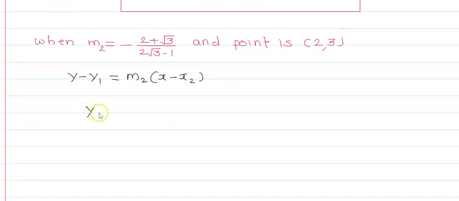y minus y1, that is y minus 3, is equal to minus 2 plus root 3 upon 2 root 3 minus 1 in bracket x minus 2.